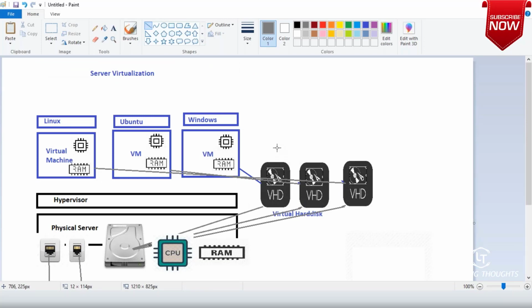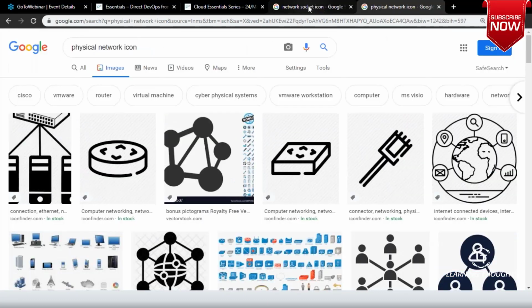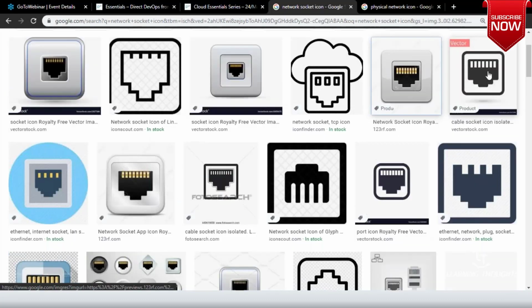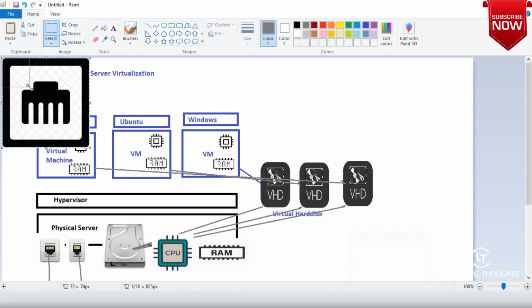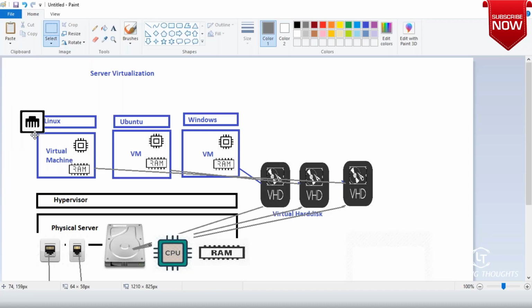But understand one thing, your virtual machines also will have a network. There is no doubt about it. But the only thing to understand is they will not be connected directly to a physical network. This is a virtual network socket.